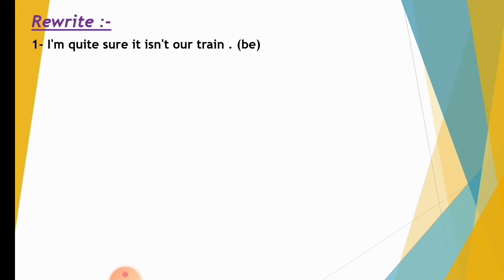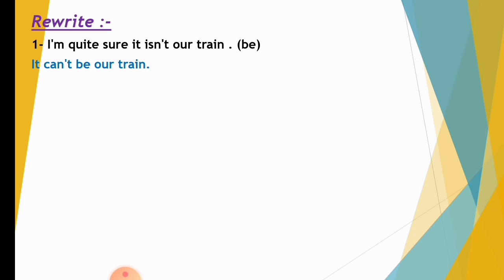It can be, must be, might be, or can't be. If you look carefully at the sentence, you will see sure not. So sure not means can't be. So the answer is: it can't be our train.